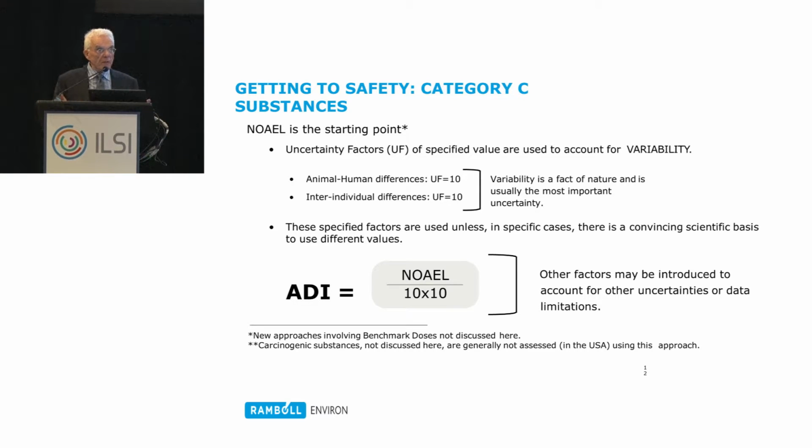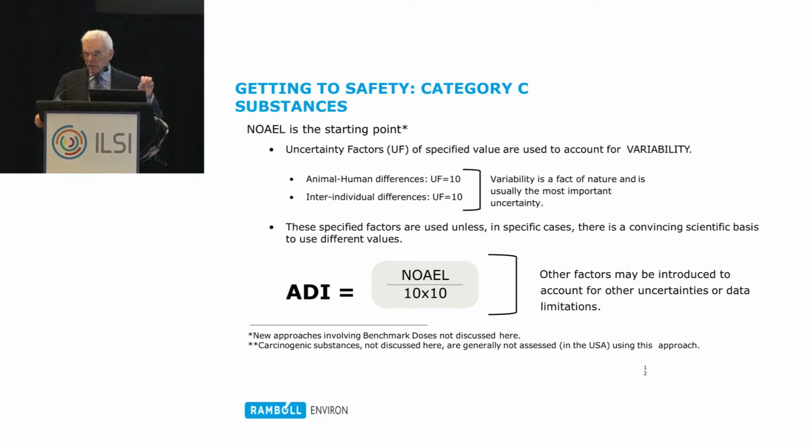And we use them as a standard default assumption, but we then look for alternatives if we've got some scientific data to do it. But we end up with something called the ADI, an allowable daily intake, which we think is safe. We call this risk assessment, but in fact, it's not a risk number. It is a level we think to be safe. And in fact, we do not, under current methods, try to quantify what that risk level is.